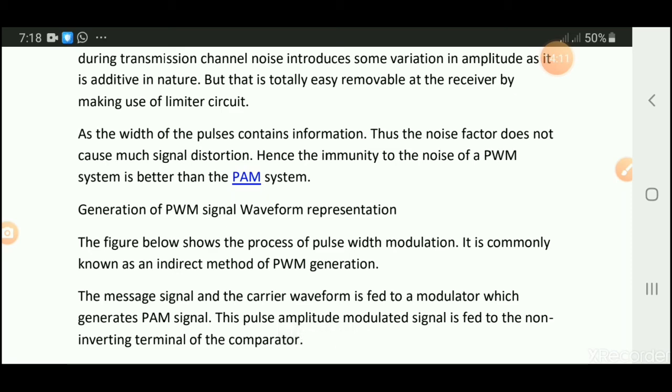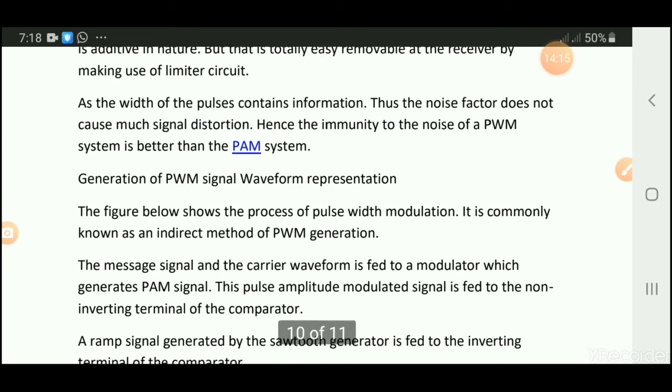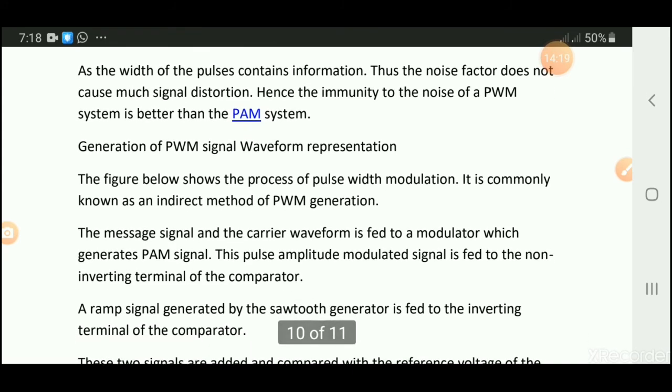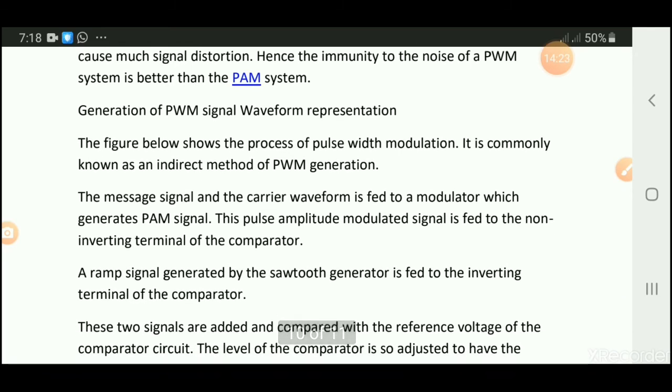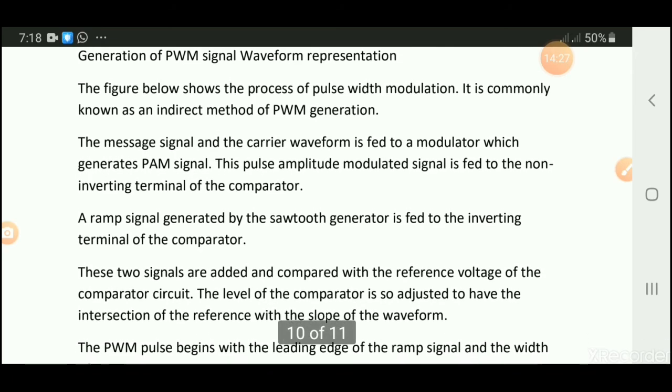As the width of the pulses contains the information, the noise does not cause much signal distortion. Hence, the noise immunity of a PWM system is better than that of a PAM system. Generation of PWM signal, waveform representation.